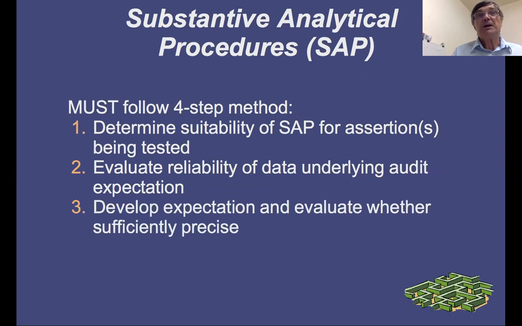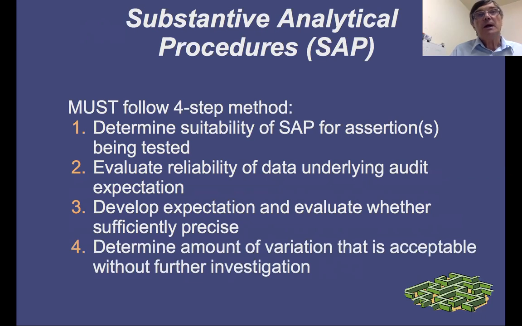And then we develop our expectation, plus we have to evaluate whether it is sufficiently precise. The more you think about it, the more reasonable that is, because if we have an expectation of plus or minus $1 million, it's not a very useful expectation. And then, before we do the testing, we've got to write down how much variation we will accept without doing some more work.